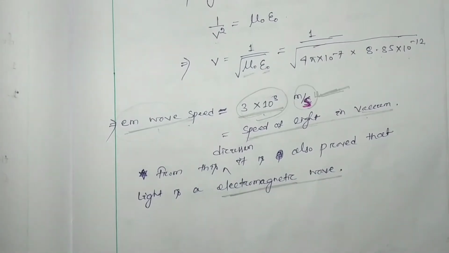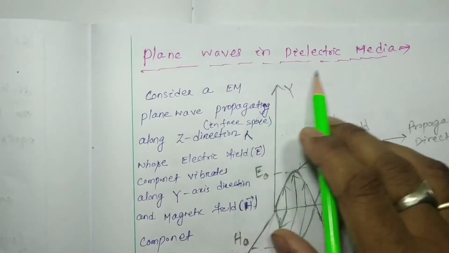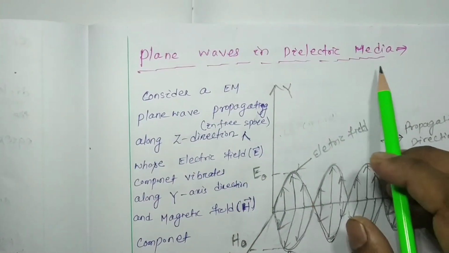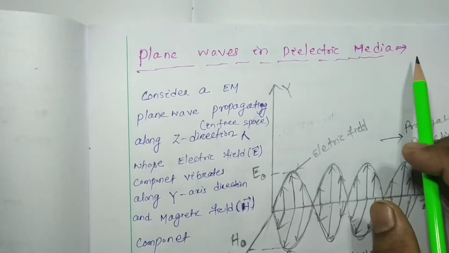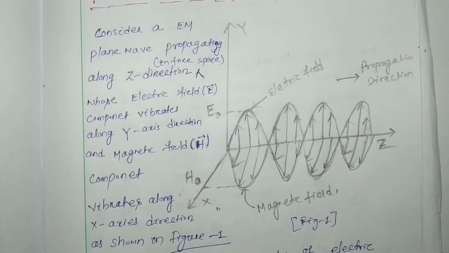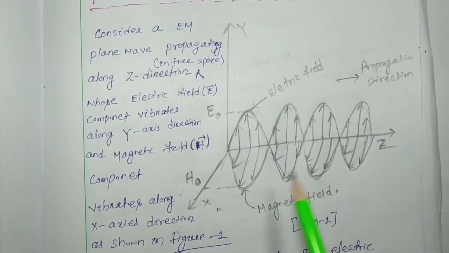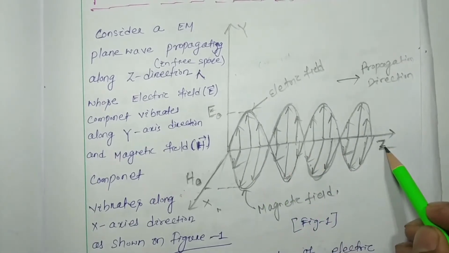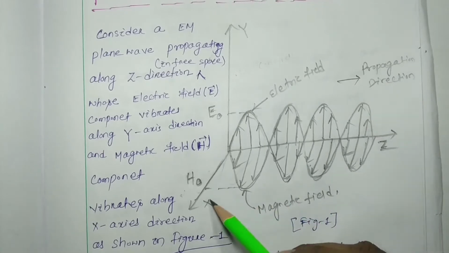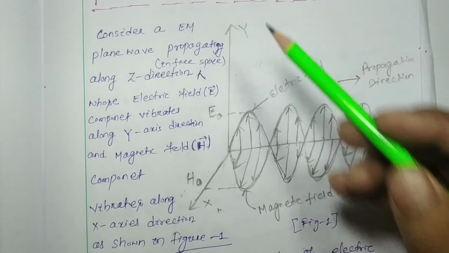In today's class, we are going to discuss plane waves in dielectric medium. Here dielectric medium means we are considering free space. Suppose an electromagnetic wave is propagating along the z axis. This is your z axis, this is your x axis, this is your y axis.